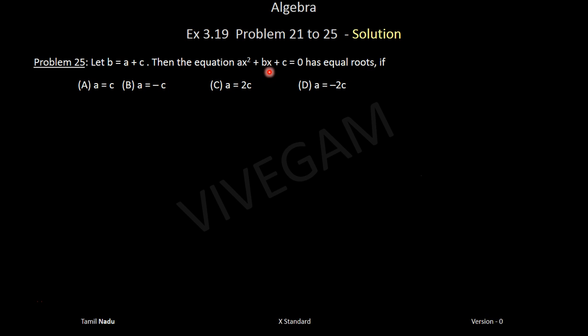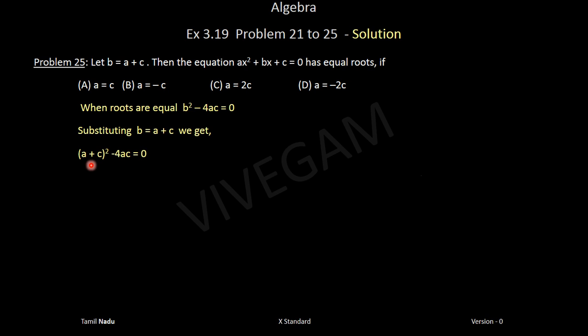We know when the equation has equal roots, then b square minus 4ac is 0, right? The discriminant is 0. But at the same time, it's given b is equal to a plus c. So substitute that here. In the place of b, we are putting a plus c, so this will become a plus c the whole square minus 4ac equal to 0.